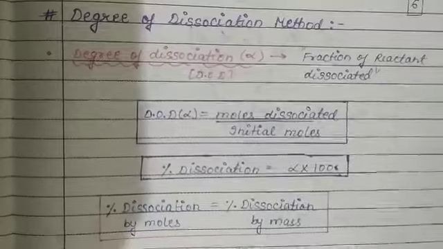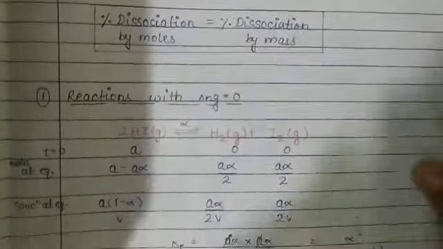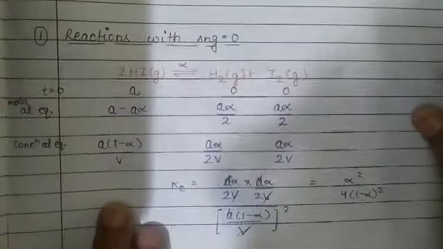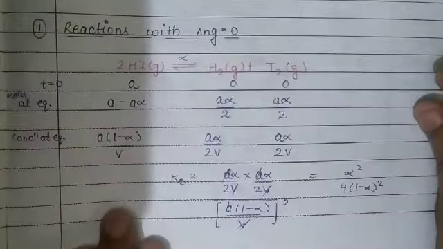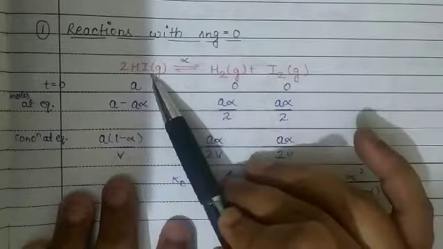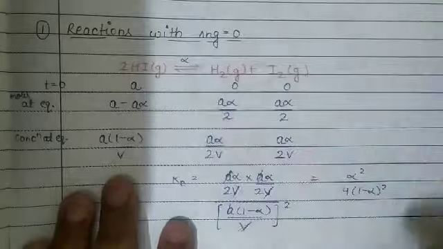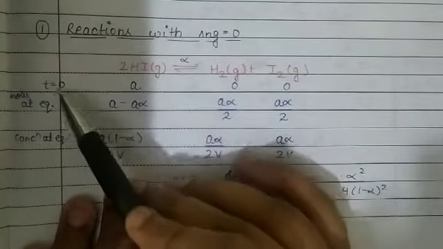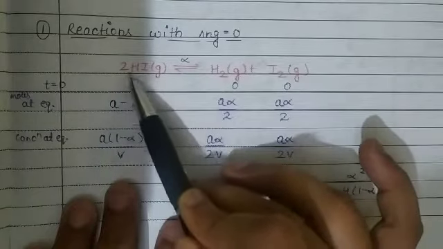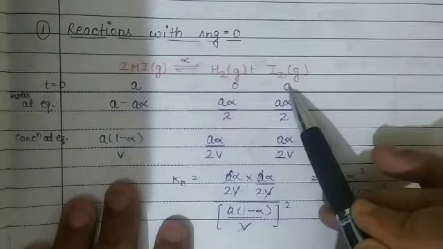Now we are going to solve it. First we take the example of reactions which have the value of delta Ng equal to 0. The reaction is given and the degree of dissociation is alpha. At T equal to 0, the initial moles of HI are A, and the products are 0.